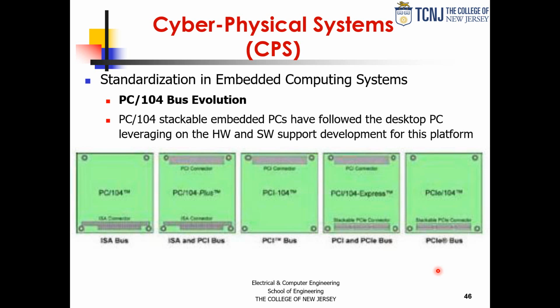They gained some real estate on the board, but then PCI Express came about, which is where we are right now. PCI Express is still used a lot for high-end embedded applications, but they didn't get rid of PCI. They had PCI and PCI Express coexisting on the module.